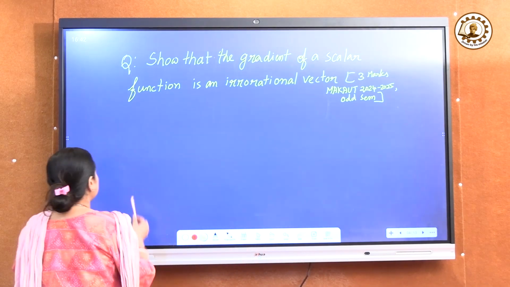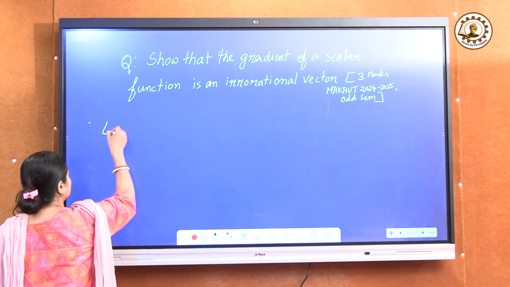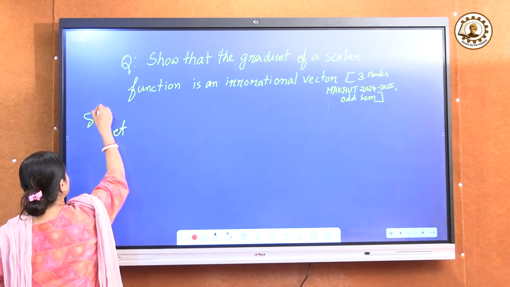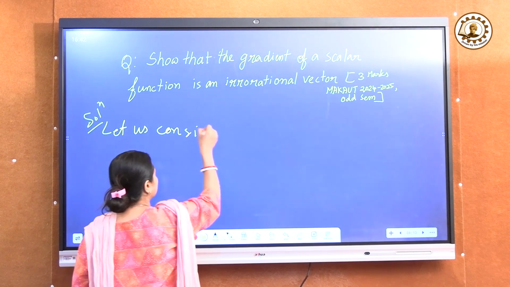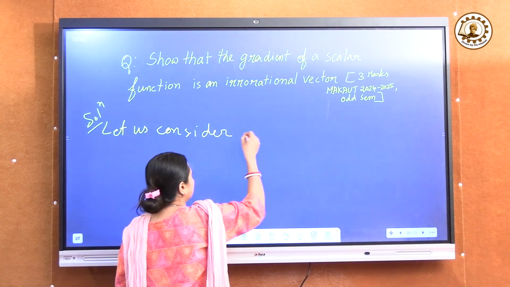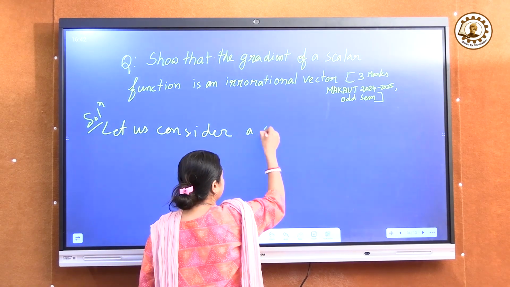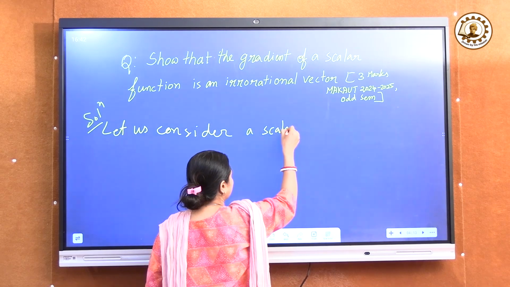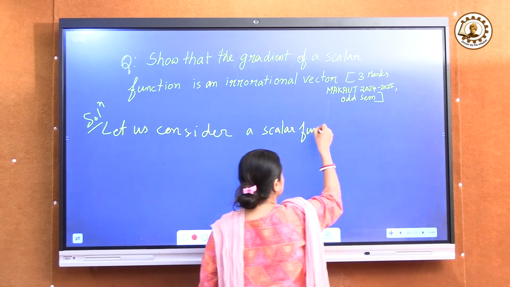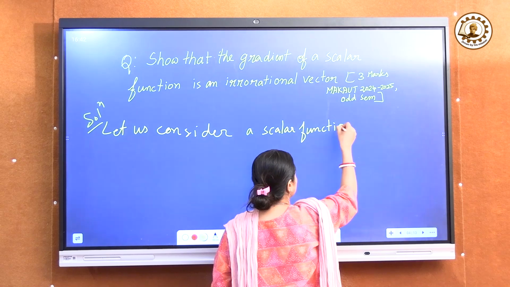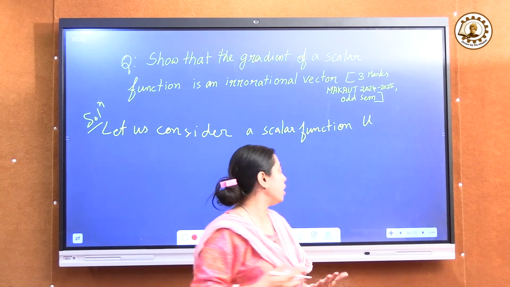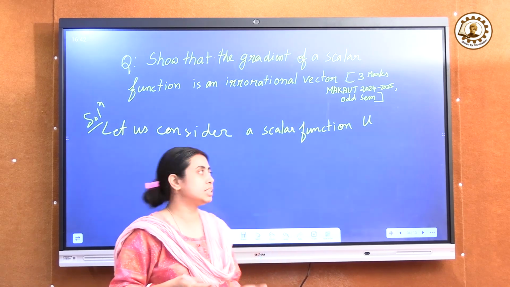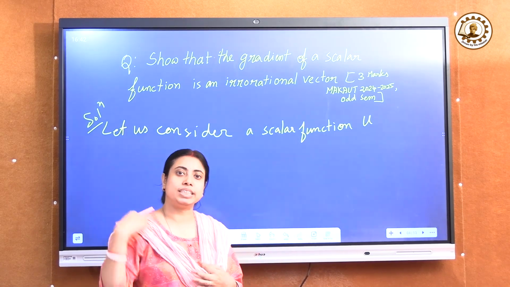Now, for that, let us consider a scalar function u, where u is a function dependent on the Cartesian coordinates x, y, z.